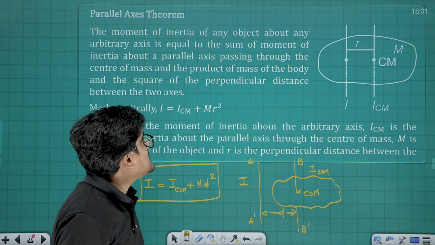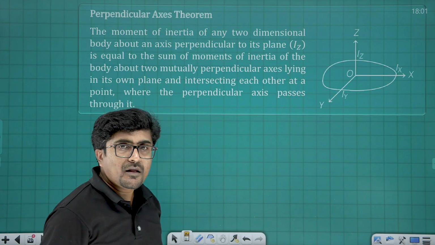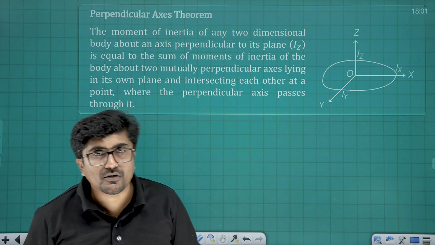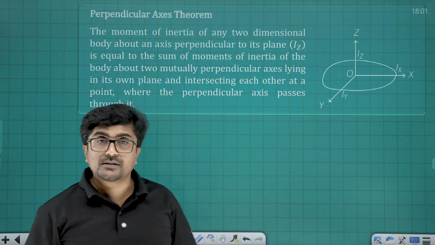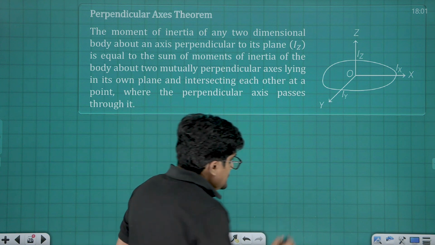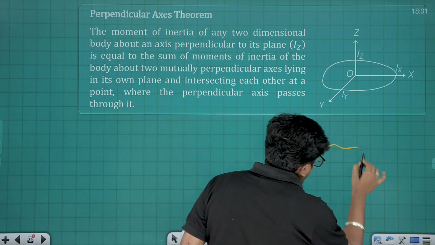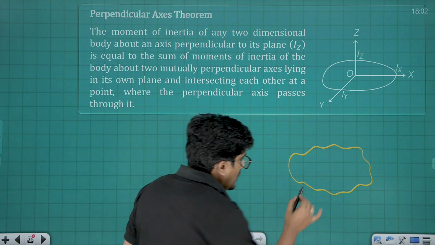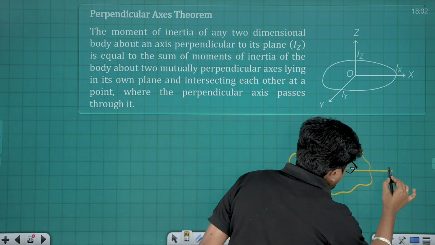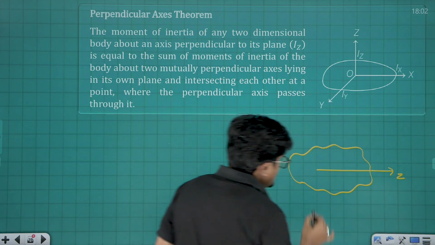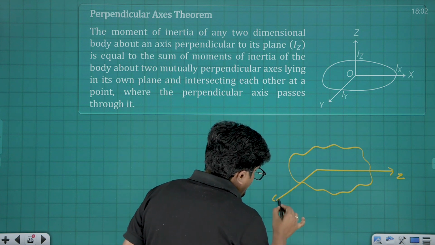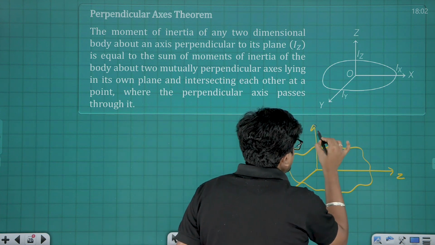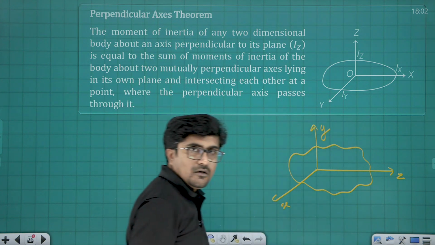Next is the perpendicular axis theorem. Here we have a two-dimensional mass distribution. Let this be the two-dimensional mass distribution. Let this be the z-axis, let this be the x-axis, and let this be the y-axis.